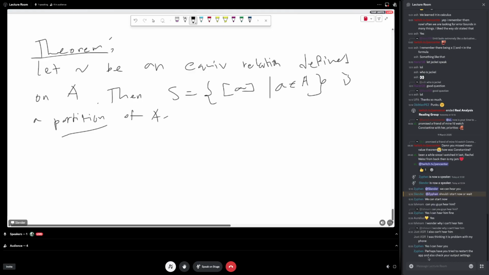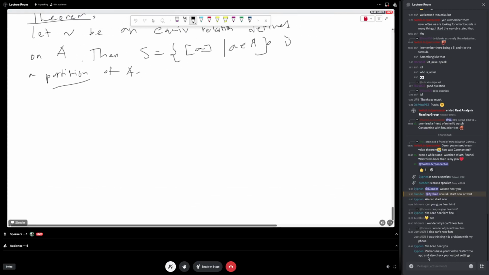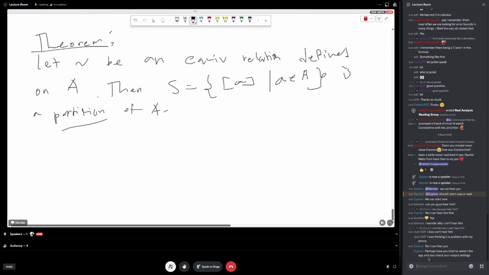I won't go into the proof here. An outline of the proof is given in the book. You can try it yourself. And maybe I will post a video of the proof. So I'll move on now. But I want to say that studying equivalence relations and partitions are the same thing.